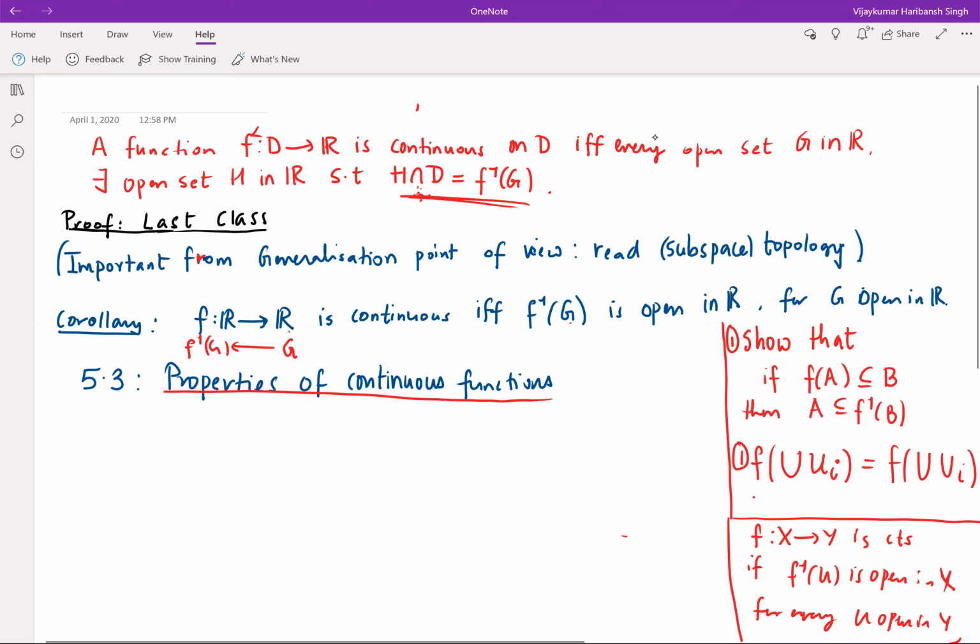Okay. Anyway, coming back to our course. Now we want to understand some properties of continuous functions. Namely, what properties of a set does a continuous function preserve? So for example, if f is continuous and D is bounded, then is f of D bounded?